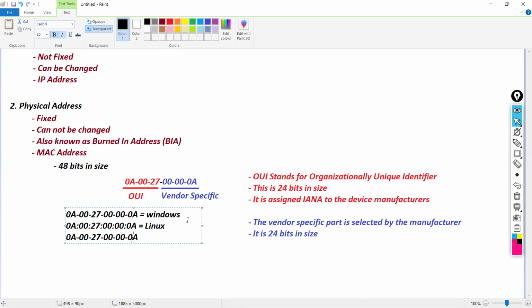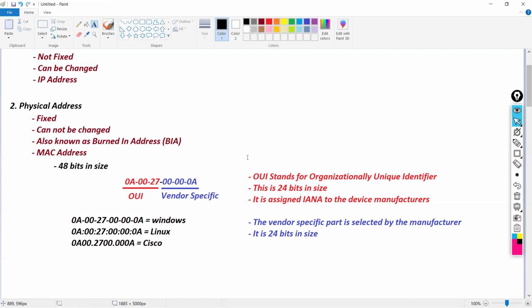And if you use dot, that will be Cisco. This is clear?